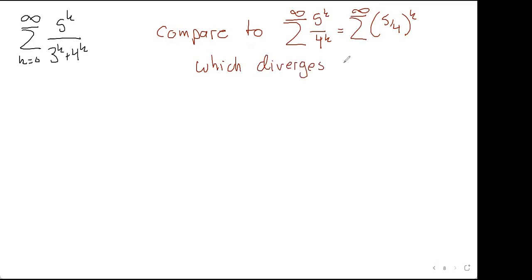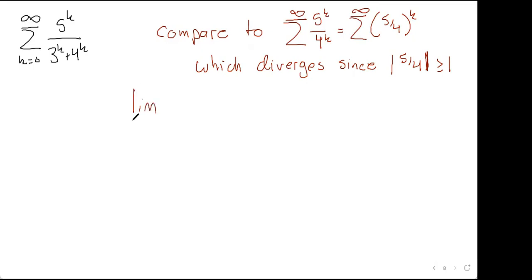And that diverges since the r is 5/4, and that's greater than 1, or greater than or equal to 1. But if you actually try to do the comparison, at least I haven't written this out, but I don't think it works quite the way we want it to.